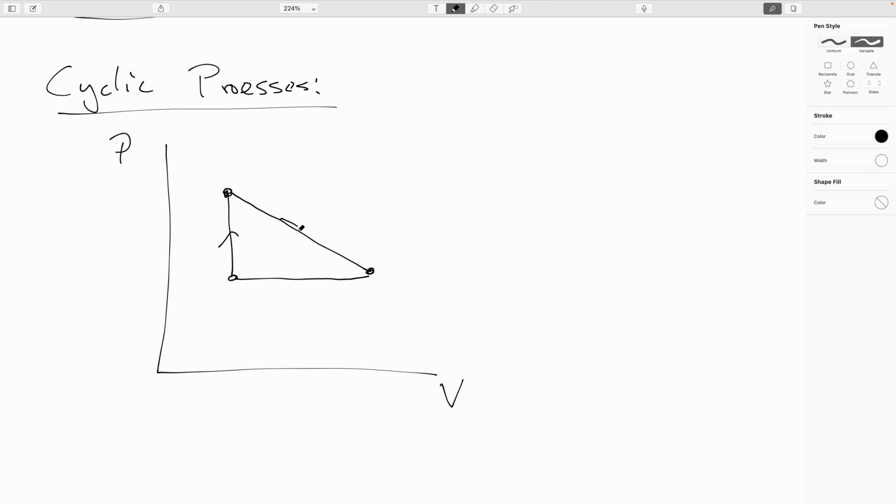So I'm imagining maybe this one here. And we already saw that the work done on the gas is equal to this area, with a minus sign if it's clockwise, and a plus sign if it's counterclockwise.